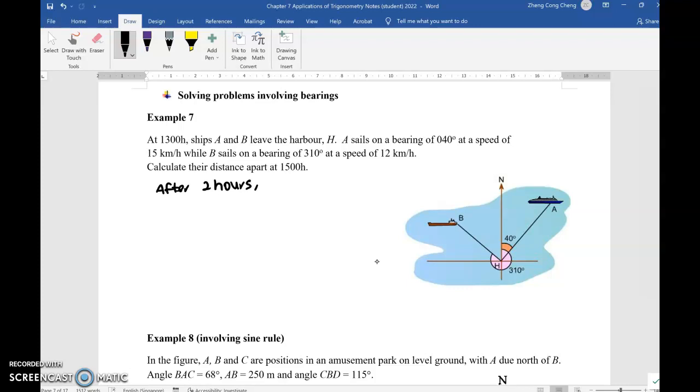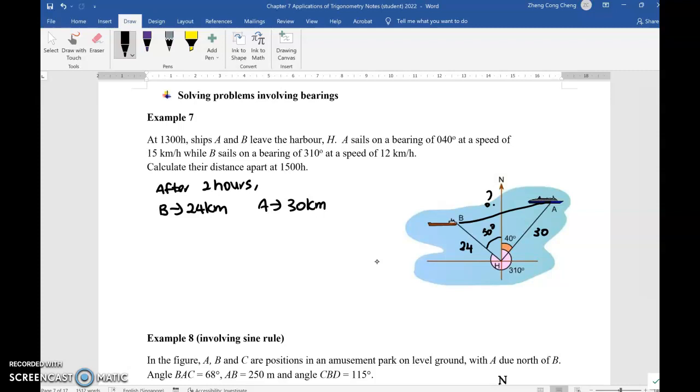We know that ship B has sailed 24 kilometers and ship A has sailed 30 kilometers. So we know that this length is 24 and the length here is 30. So what is the distance apart? By bearing, we know that the remaining angle here must be 50 degrees. And we realize that the triangle formed between H, B and A is a right-angled triangle.